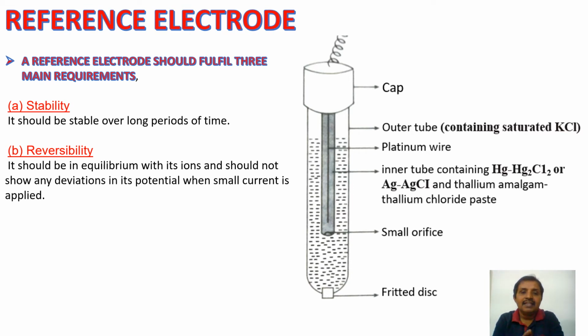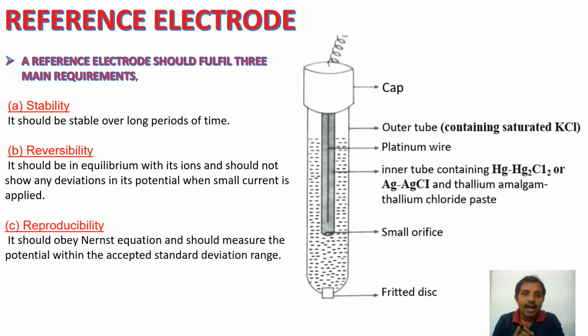When you apply an external current, there should not be any deviation. The chemical reaction should be reversible with the application of current. And reproducibility: it should obey the Nernst equation and should measure the potential within the accepted standard deviation range.